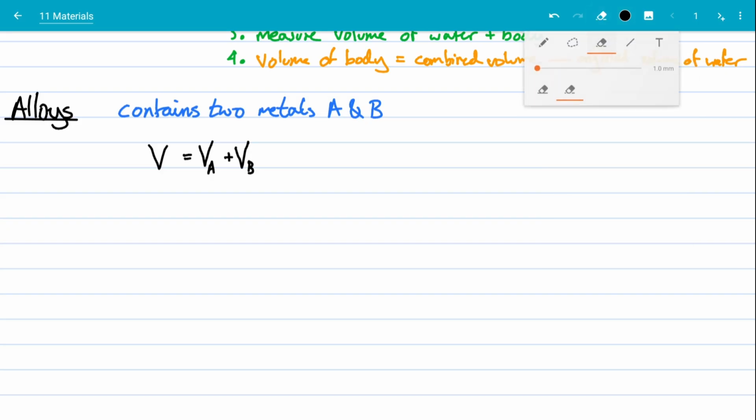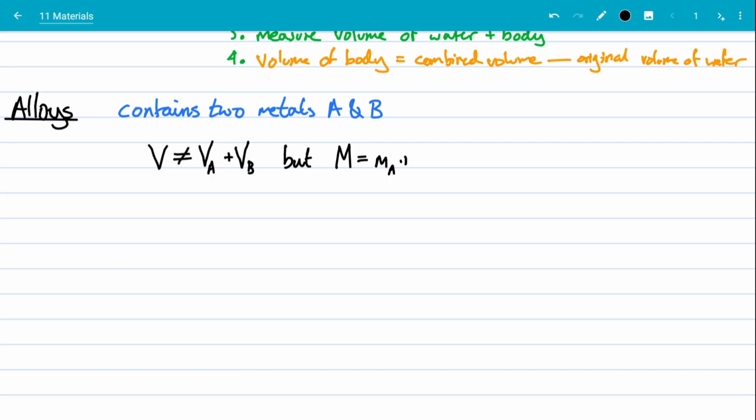So let's just write down this. When they mix, they don't necessarily occupy the same volume. That's the whole point, so that is not necessarily true. But the mass of the alloy is going to be equal to the mass of A plus the mass of B. That is true.